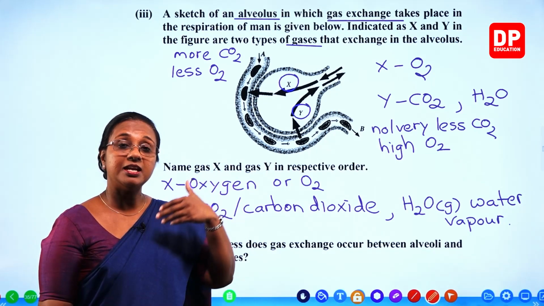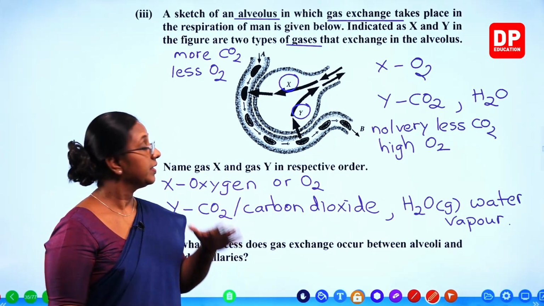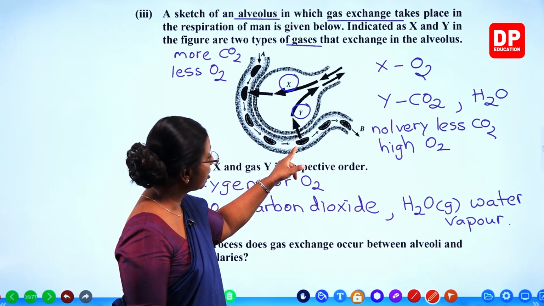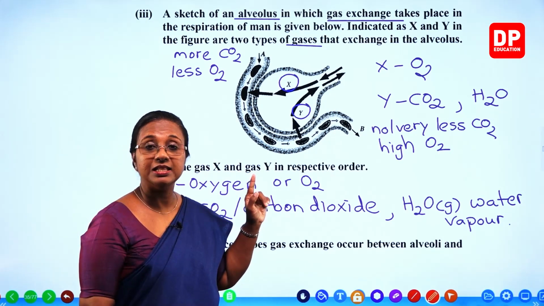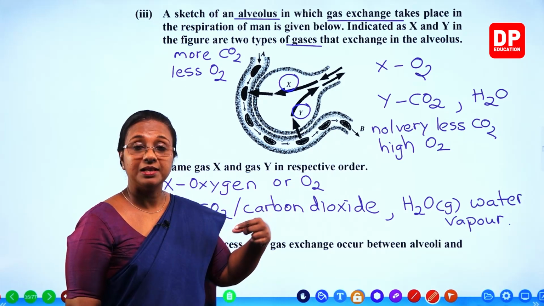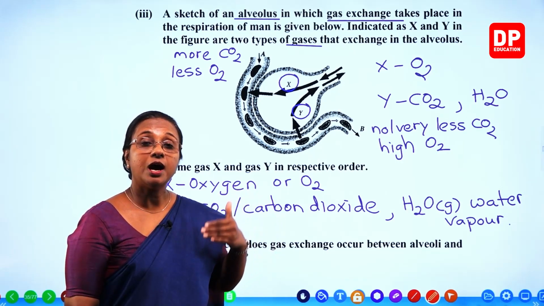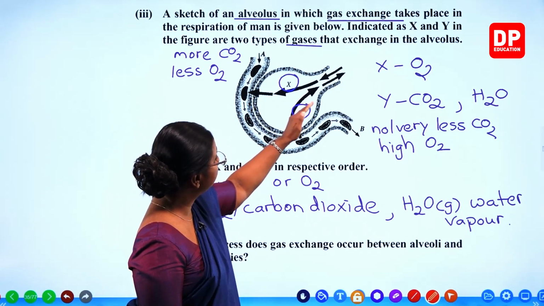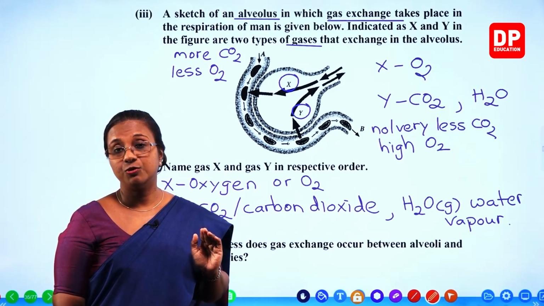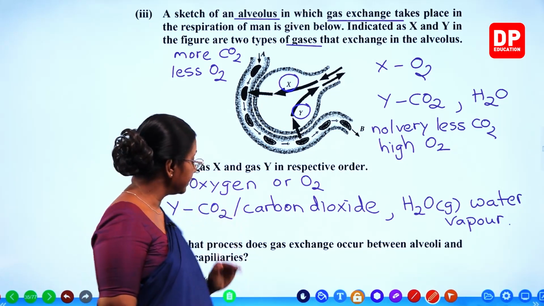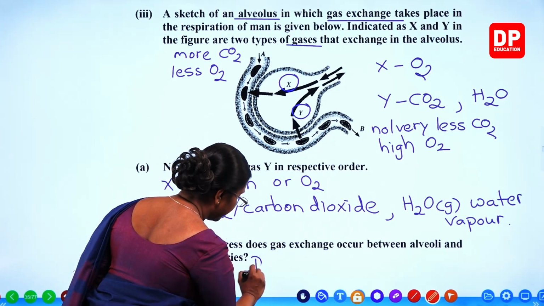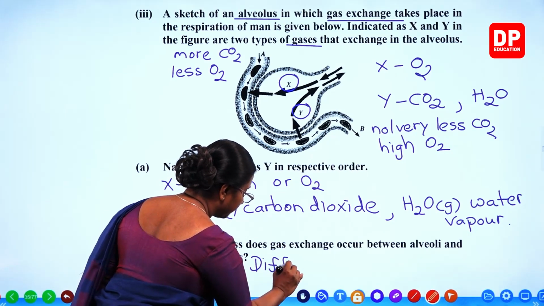Easily oxygen can diffuse into the bloodstream. The same way carbon dioxide concentration is high in the bloodstream capillaries. Therefore, carbon dioxide can easily diffuse back into the alveolar sac. So it is diffusion. Here the answer is going to be diffusion.